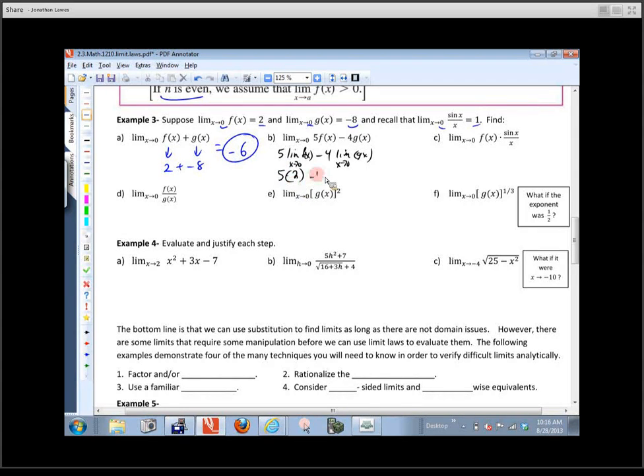This is -4, and that limit is -8. So I've got, let's see, 32 plus 10. So the limit here is going to be 42. Any questions? Okay, so I use the constant multiple law, and I also use the subtraction property there.